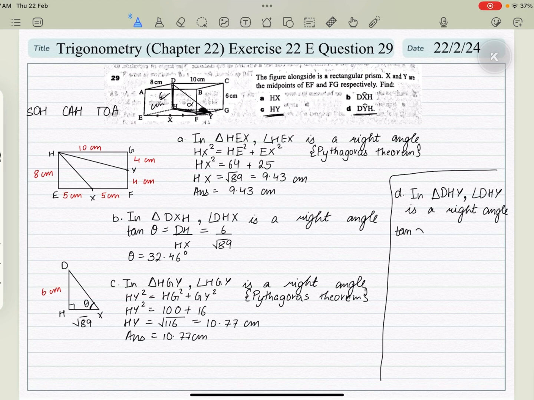So tan alpha, not theta because this is alpha, is equal to opposite upon adjacent, that is DH upon HY, that will give us 6 upon root 116, and that would give us alpha is equal to 29.12 degrees. So the answer is 29.12 degrees. Thank you.